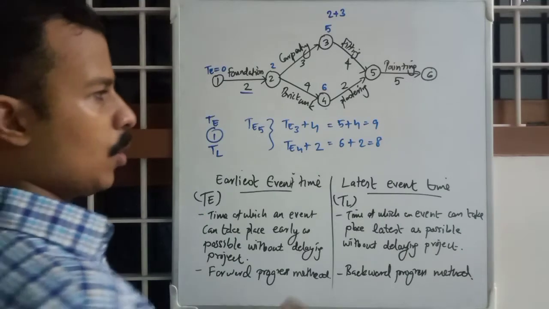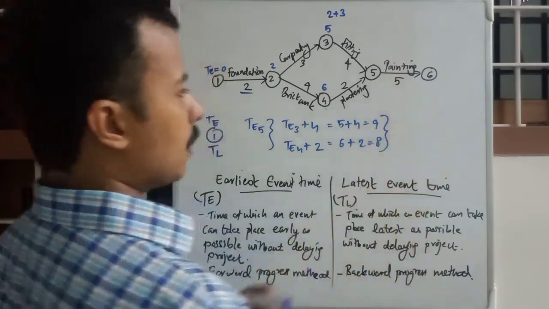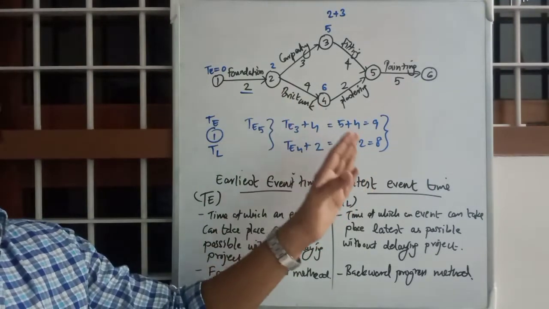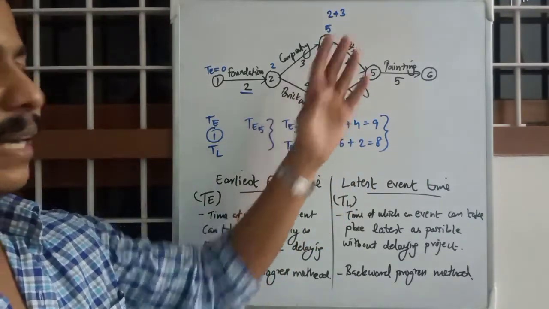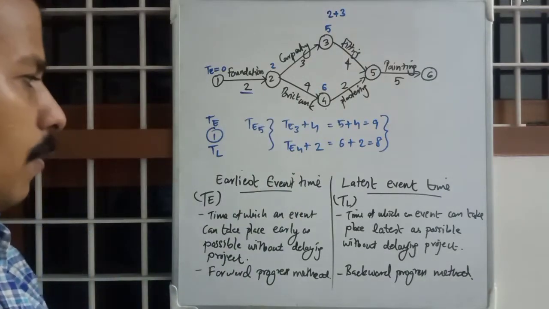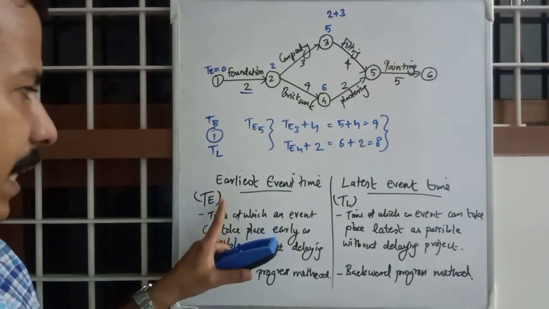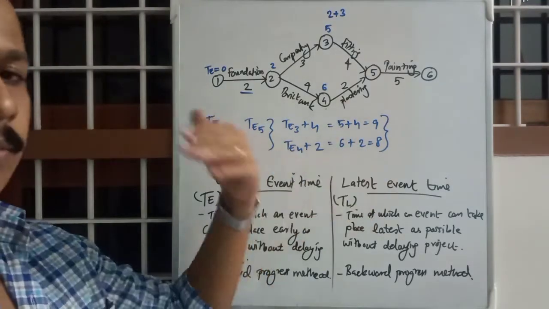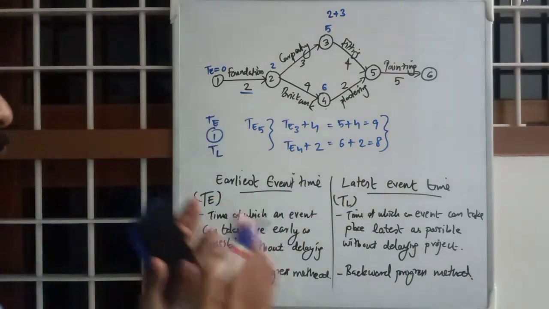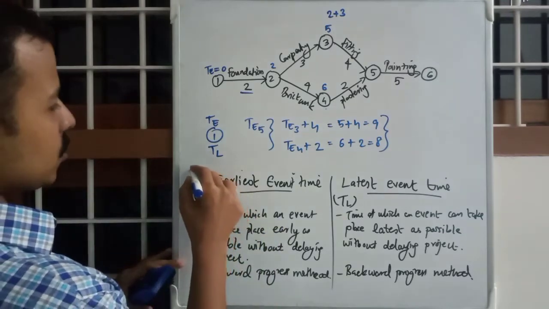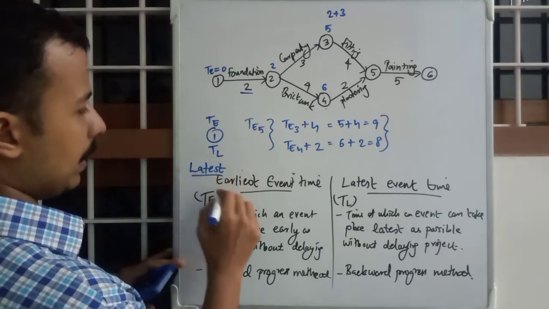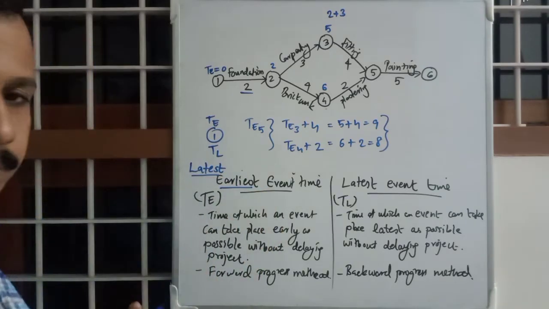Out of these values, which one will you choose? That is the tricky part, and that is the one you should be remembering. All the rest can be easily taken care of. When we are calculating TE and we have more than one value to consider, you should always take the latest earliest event time.